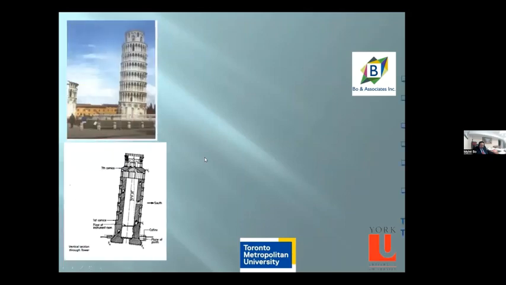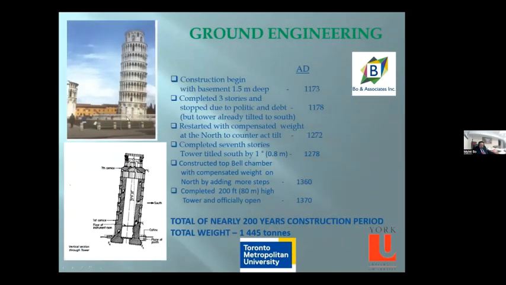But when they build a slim and tall structure, what happens? The Tower of Pisa. It started building in 1173 AD with a foundation 1.5 meters deep. They completed 3 stories.